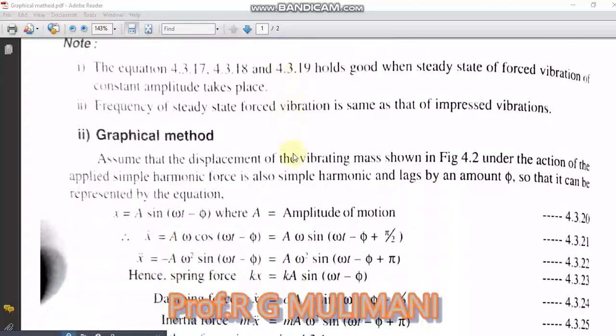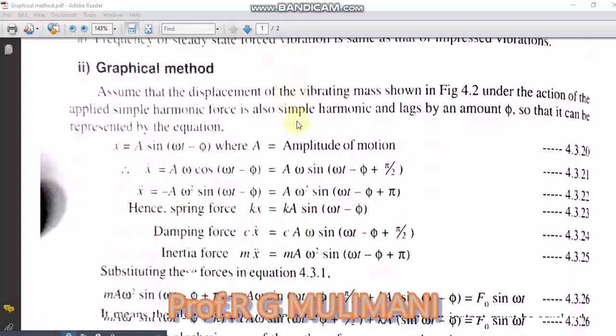Let us assume the displacement of the mass, that is x is equal to A sine(omega t minus phi). To represent all the forces and displacement, we need to consider the same trigonometric functions. So x is the displacement.